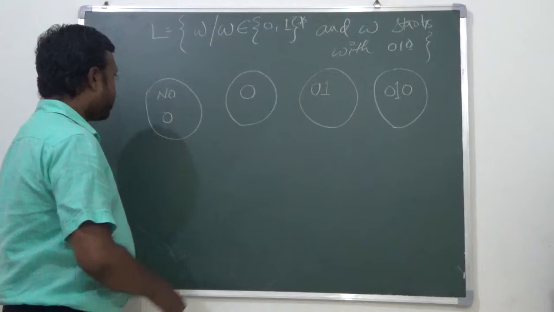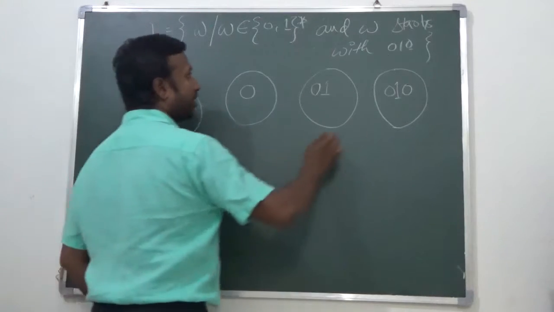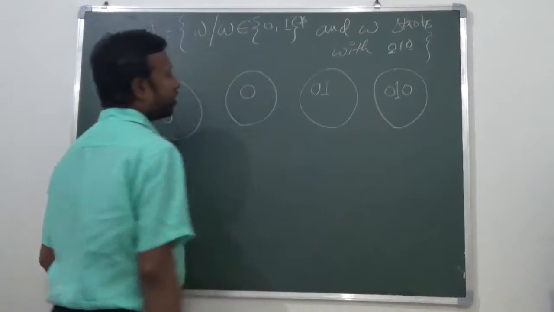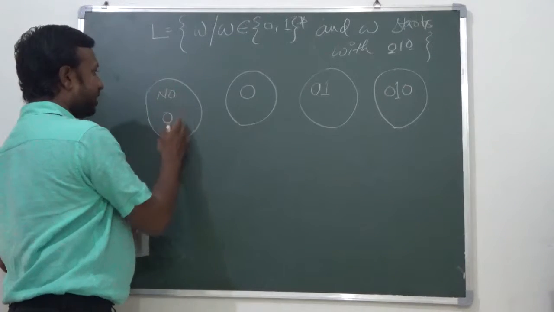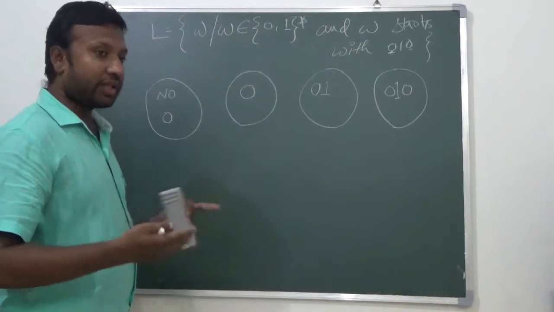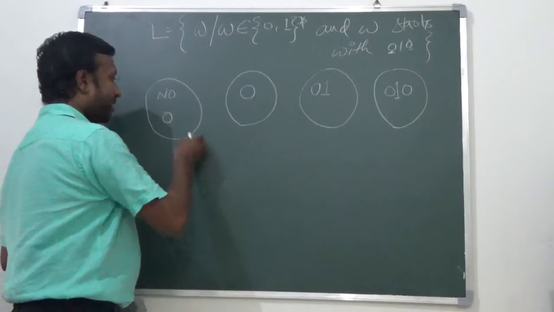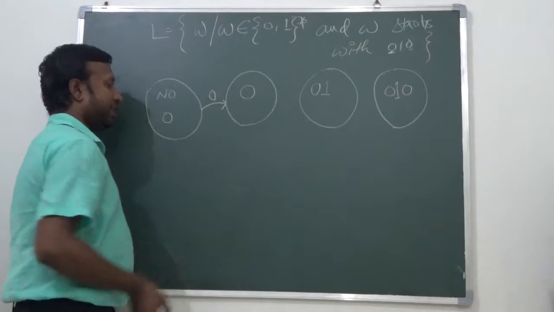Now the problem is, it is required that the first symbol should be 0. So if the first symbol is not 0, if I have not seen any 0, and if I am seeing a 0, then obviously I will go to this state.